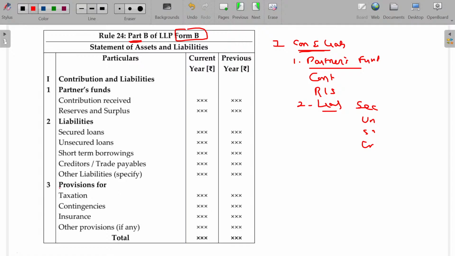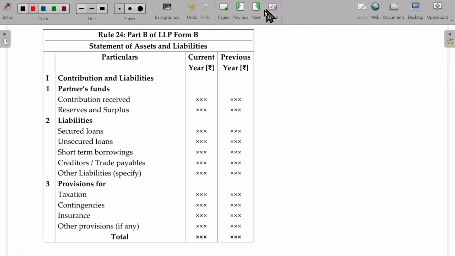And then you may have the provisions: taxation, provision for contingencies, insurance provision, other provisions if any. In a broader sense, partners fund, liabilities, provisions, 3 items will be there. In partners fund, capital contributed, reserves and surplus. In case of liability, you start with secured and then unsecured, then short term, creditors and other liabilities can be posted here.